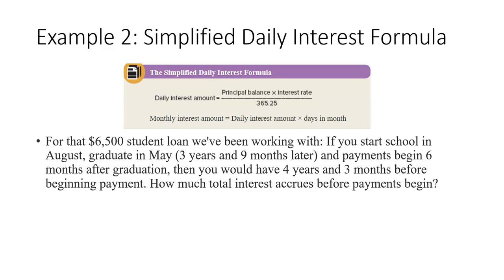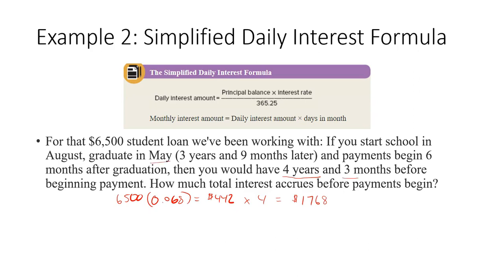We know the amount of interest that will accrue in a year, 6,500 times 0.068, which was $442. And so we have 4 years for that amount to accrue. And so 442 times 4 will give us the amount for those 4 years, $1,768.